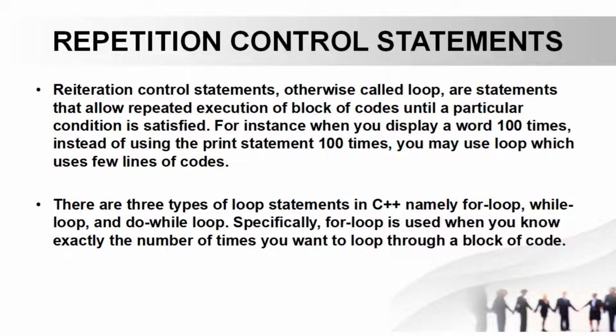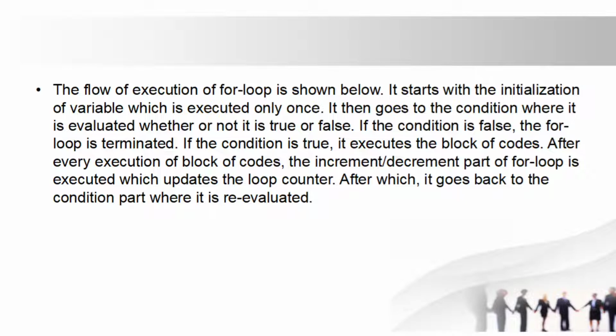Specifically, the for loop is used when you know exactly the number of times you want to loop through a block of code. The flow of execution of the for loop is shown below. It starts with the initialization of the variable, which is executed only once. It then goes to the condition, where it is evaluated whether it is true or false.